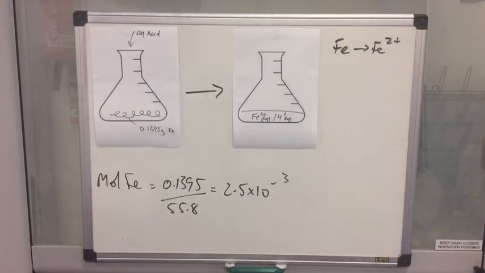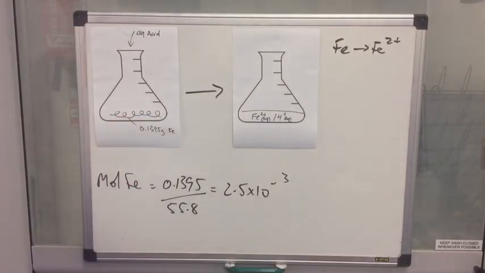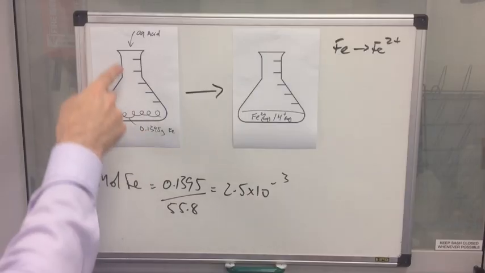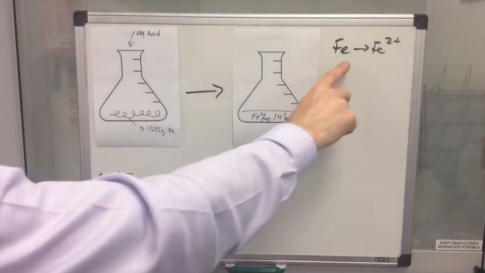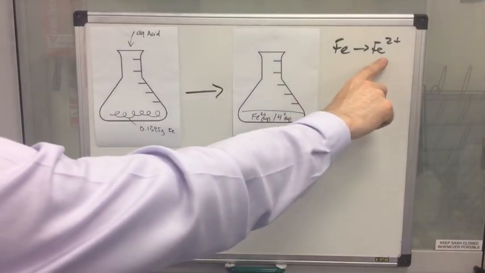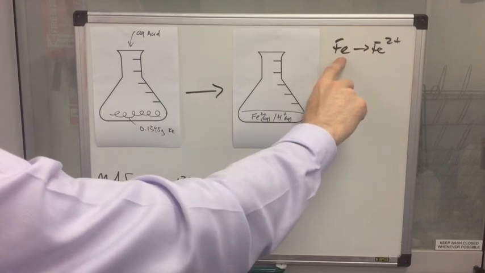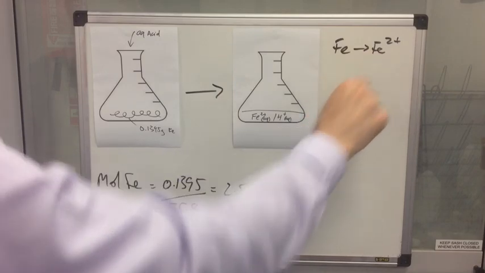So the first step involves the iron wire that's inside this flask. So we know the mass of the iron wire. It's reacted with aqueous acid, so in other words H+ ions, and the iron atoms are turned into iron 2+ ions. The important thing here is every mole of iron would form the same number of moles of Fe2+ ions.